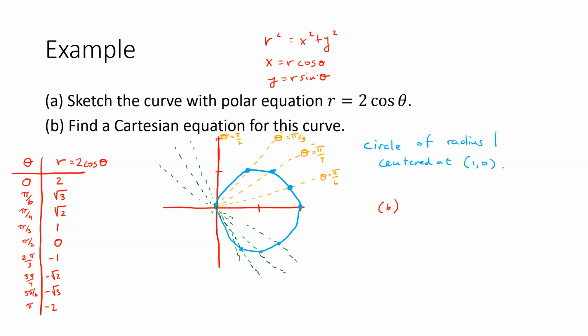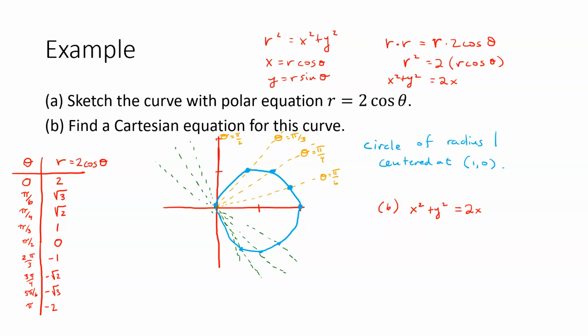Well, one thing I could do is, if I want to get r cosine theta in the equation, I can multiply r to both sides of this equation. So that gives me r squared on the left side and 2 times r cosine theta on the right side. We know that r squared becomes x squared plus y squared. R cosine theta becomes x. So there's the Cartesian equation of our circle.